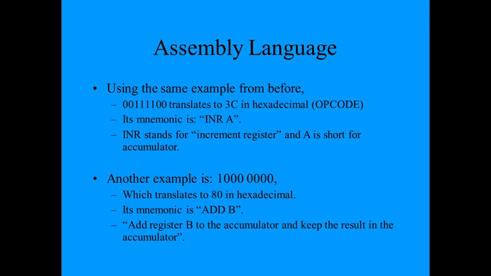For example, 3C, that is 00111100, has the mnemonic INR A. INR is a group of English letters. So what does it mean? It means increment register. So instead of 3C, when we read INR A, it is easy for us to understand the exact operation.